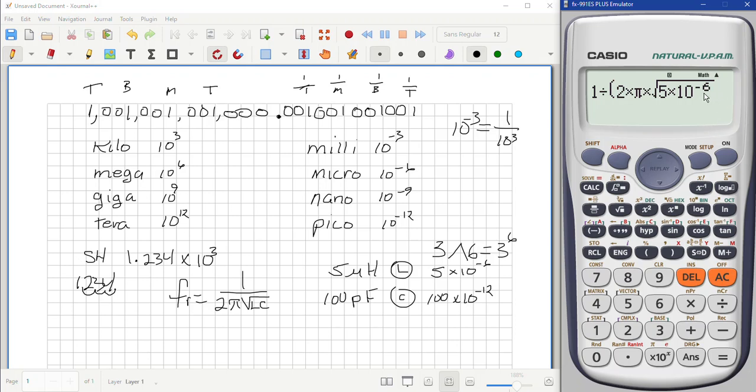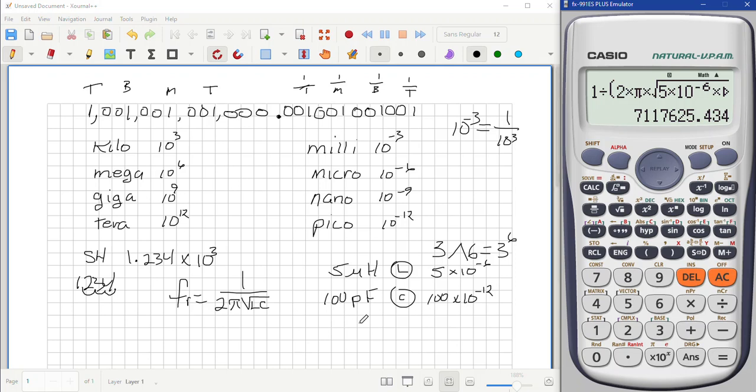I need to get it back down on the main line, so I'll do the right arrow key. Now I can do the times and enter in the capacitor value. So that's going to be 100 times 10 raised to the negative 12 power.